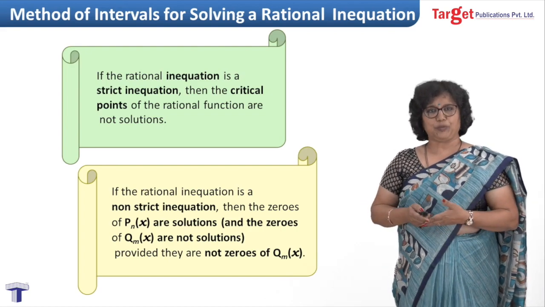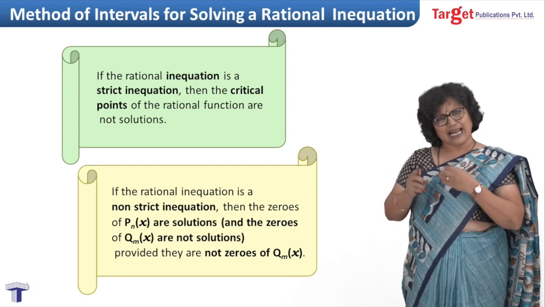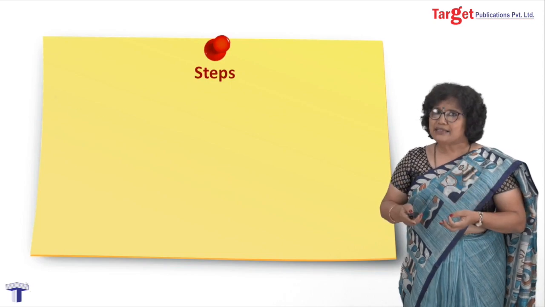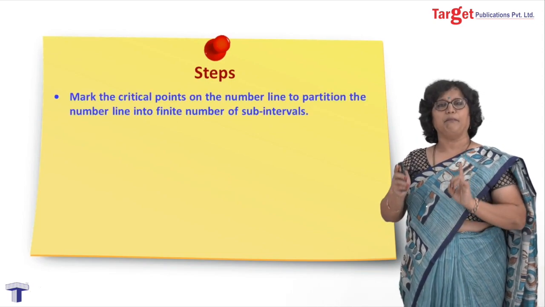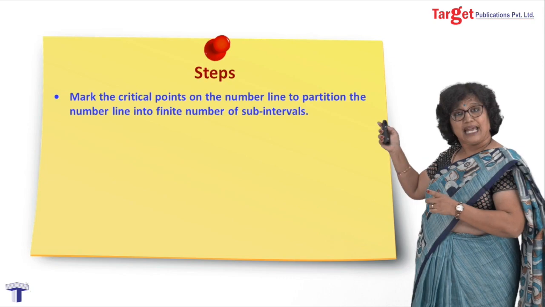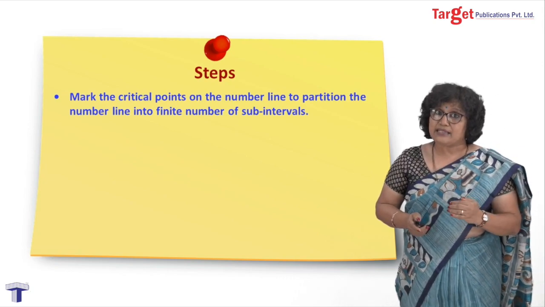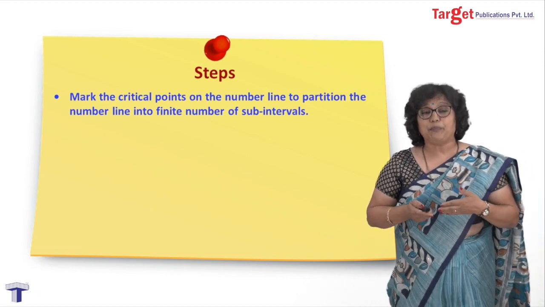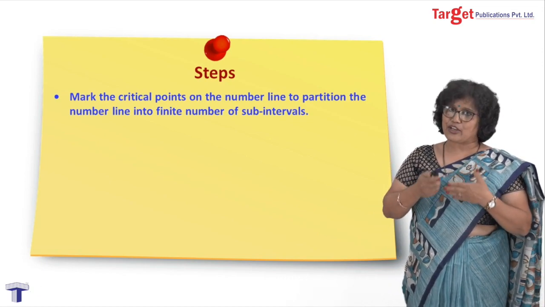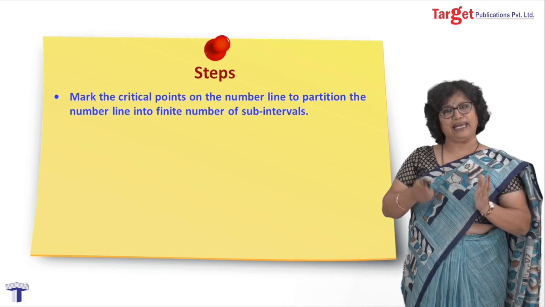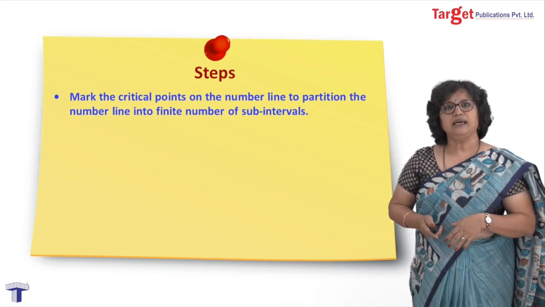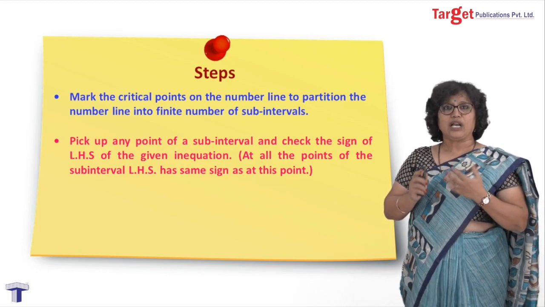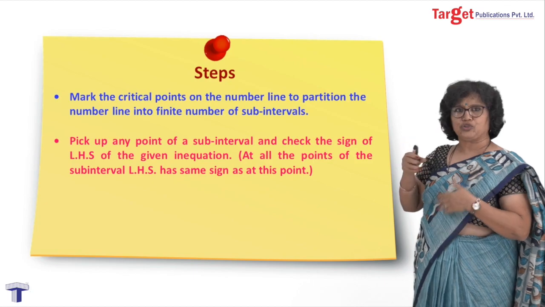Now, if that method is to be applied, exactly the same steps will be applied to any question. First, find the critical points and mark them on the number line as they appear, the smaller one on the left side and the bigger one on the right. By marking these, we have divided the number line into finite subintervals. Then pick any point from any interval, not necessarily the leftmost, the rightmost or the middle one.